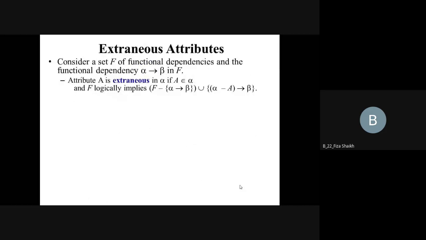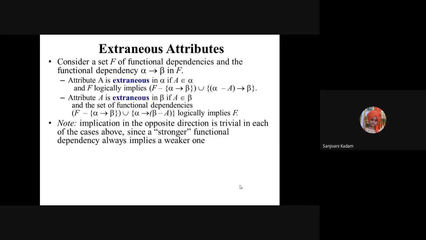Done. Yes, ma'am. So you need not write it down already.